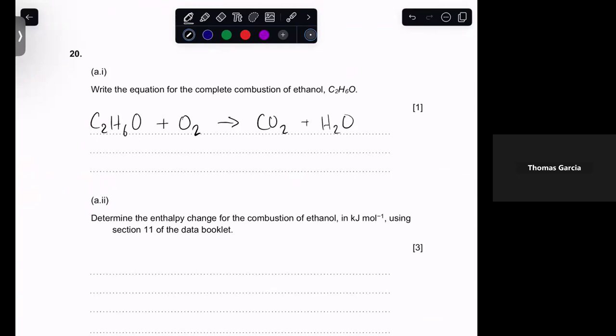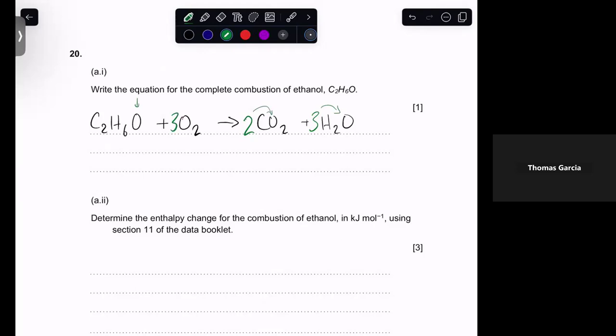I'm going to balance this out. I realize I need 2 carbons. I need 3 waters, or 6 hydrogens. And that's going to give me a total of 3 plus 4, 7 total oxygens. 1 oxygen's accounted here, so I need 6 more, and we are balanced.